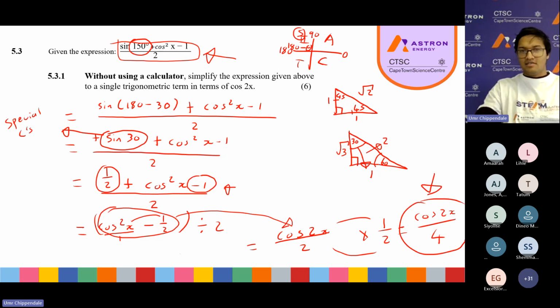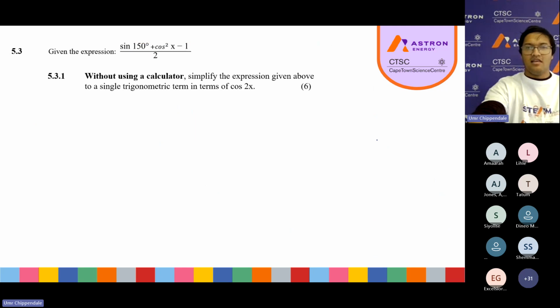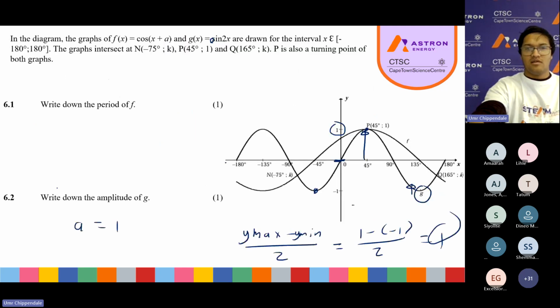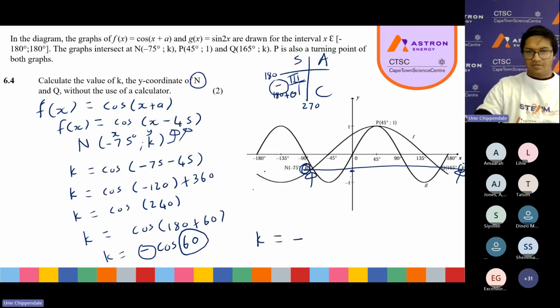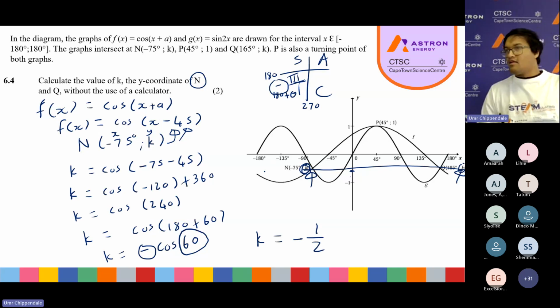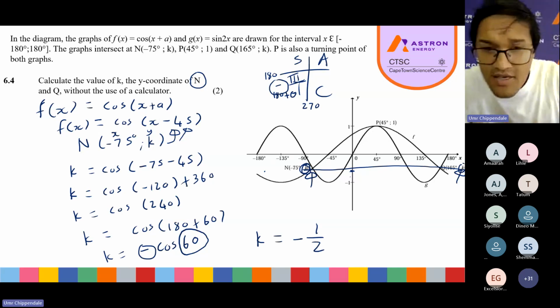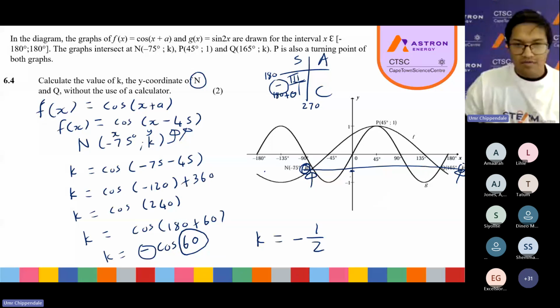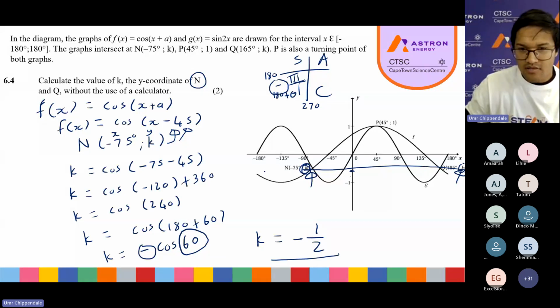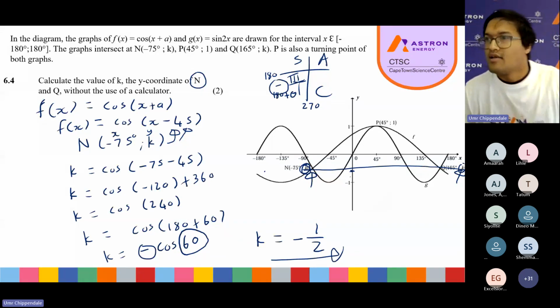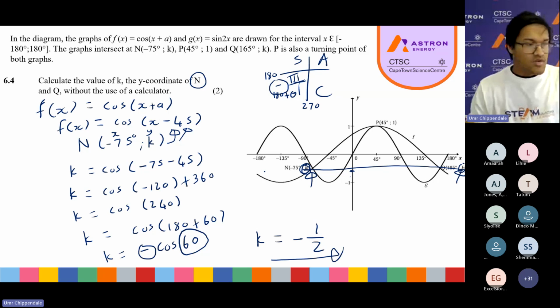So adjacent, which is this one over here, and hypotenuse, which is 2. And therefore, our answer is going to be negative 1/2. You understand how I got to that particular part? So k is equal to negative half. Okay, so that is now 6.4 done.